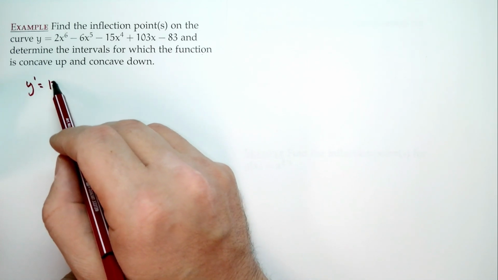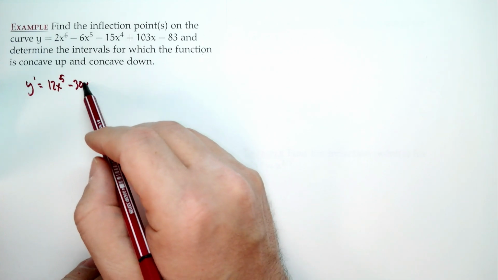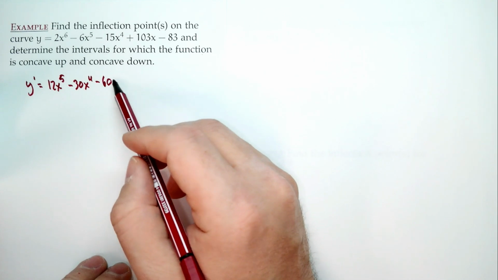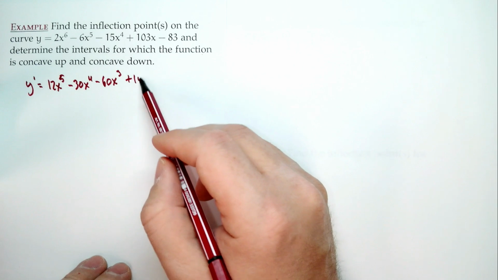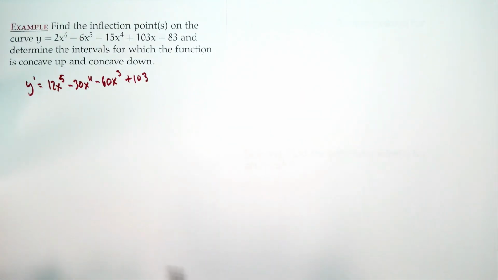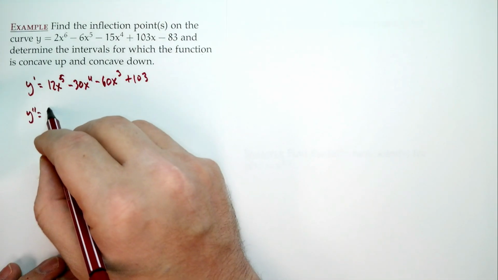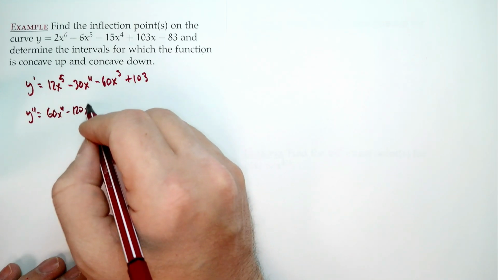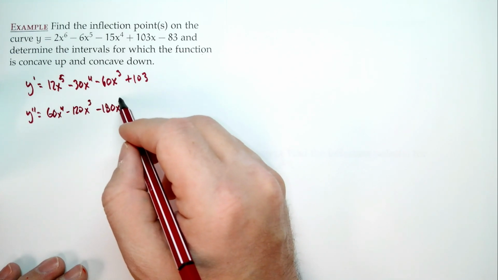Well, that would be 12x to the 5th minus 30x to the 4th minus 60x to the 3rd, and then plus 103. 83 goes away. Second derivative, we get 60x to the 4th minus 120x to the 3rd minus 180x to the 2nd, and now the 103 goes away.